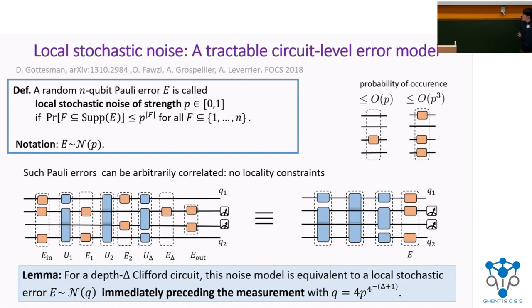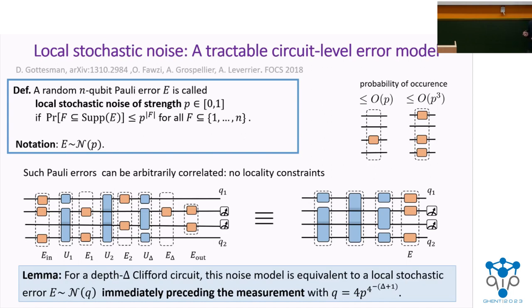The following lemma says that if our ideal circuit is a Clifford circuit, then we can actually move all these errors to the end of the circuit, right before the single qubit measurements. The lemma says that this equivalent error E is also a local stochastic error with strength q, where q is a function of p and delta.